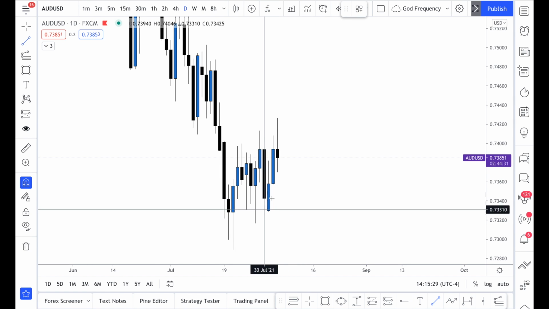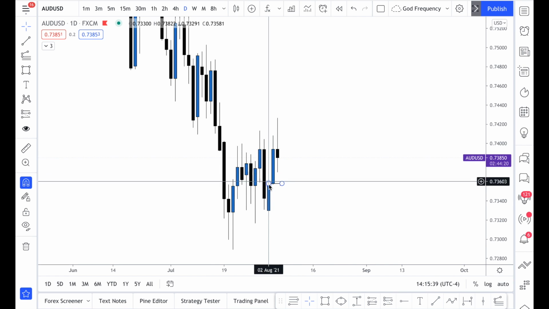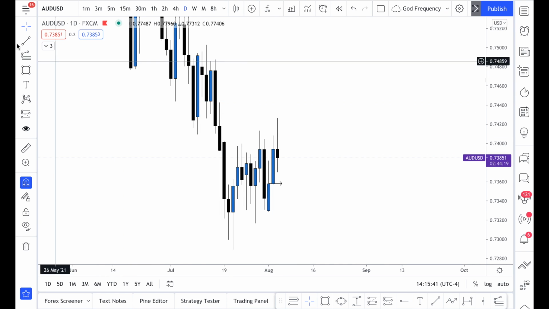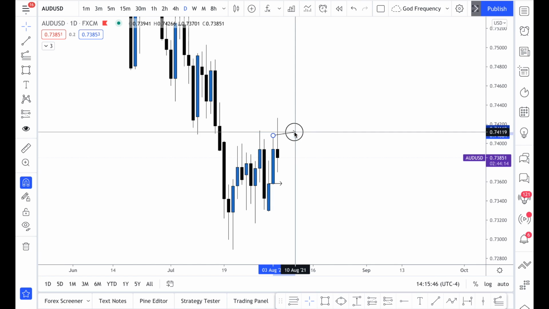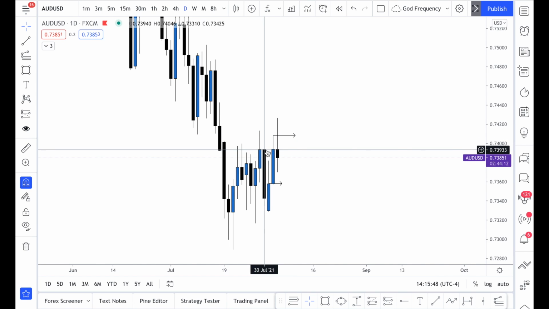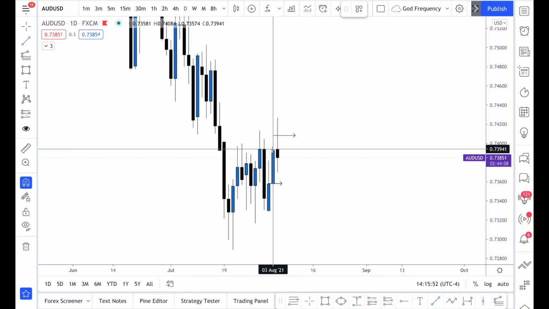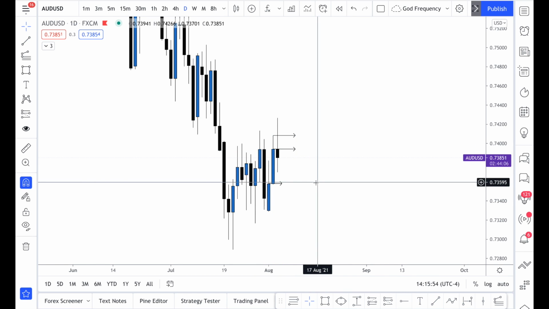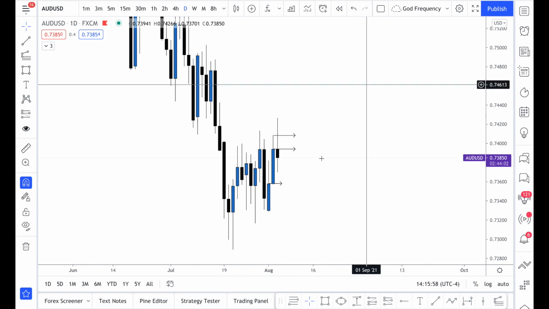I can see that price had made an opening here, and then price expanded and made this high here, and then it closed right here, because it's the body of the candlestick. So that's where price had moved.